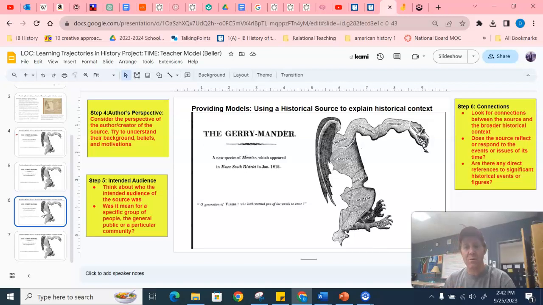So it's going to require a little bit more higher-order thinking, and it's in this stage that you're going to start including your own voice or your own interpretations into your responses.